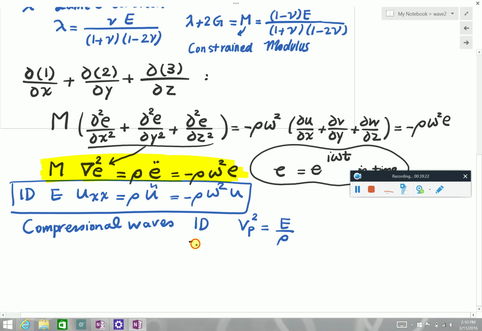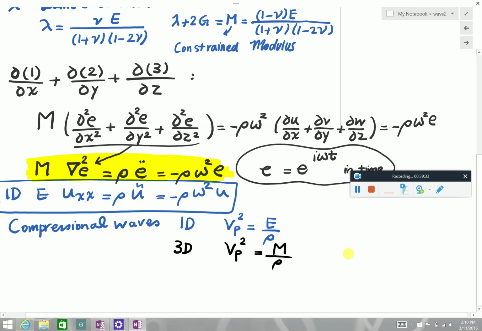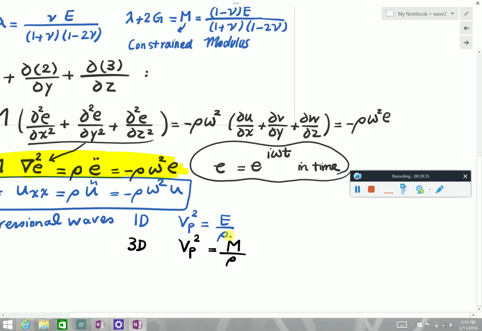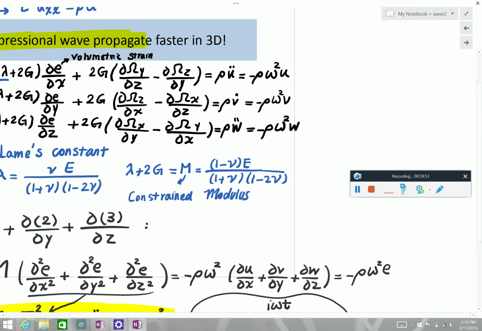In 3 dimensions, the velocity of propagation of compressional waves is the square root of m over rho, where m is the constraint modulus, so lambda plus 2g over rho, and this is greater than E over rho.